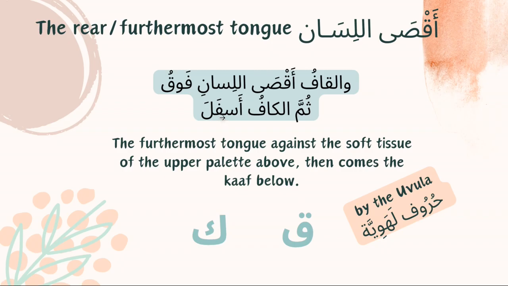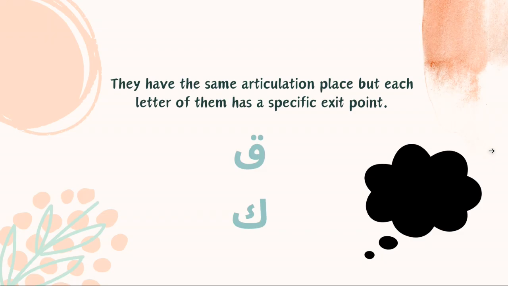So asfala doesn't mean below in levels, but the qaf is deep inside, and then the kaf is more towards the lips. And subhanAllah, this is the beauty of the Arabic language, actually. Now the qaf and the kaf exit from the same place, but each one has its specific point.